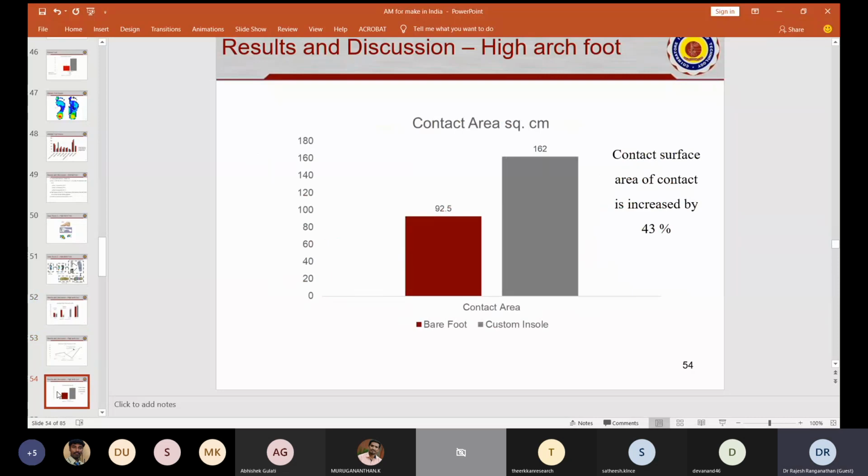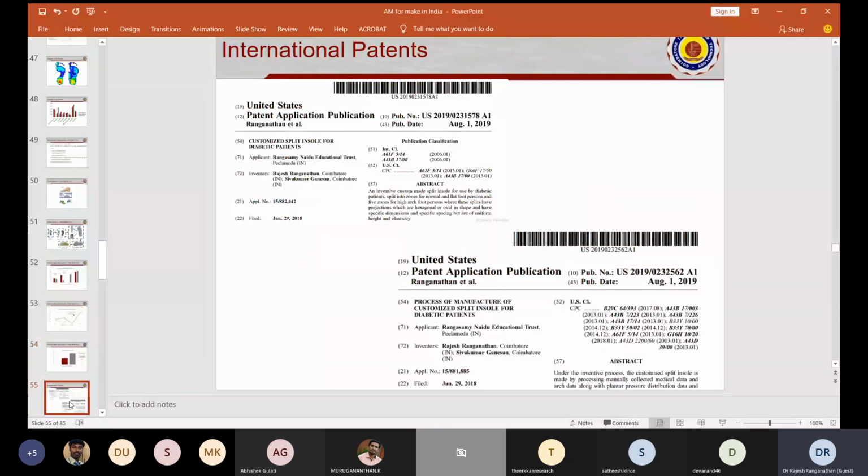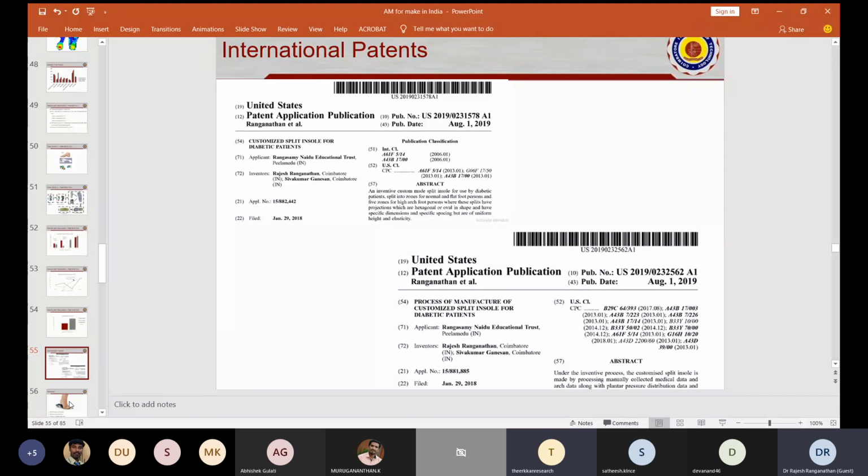And this is the statistical data for a high arch foot, wherein the surface area of contact was improved by 15%, which was way higher than the normal arch foot. And undergoing this work, we went through a patent on this, two international patents and two Indian patents on this particular project.